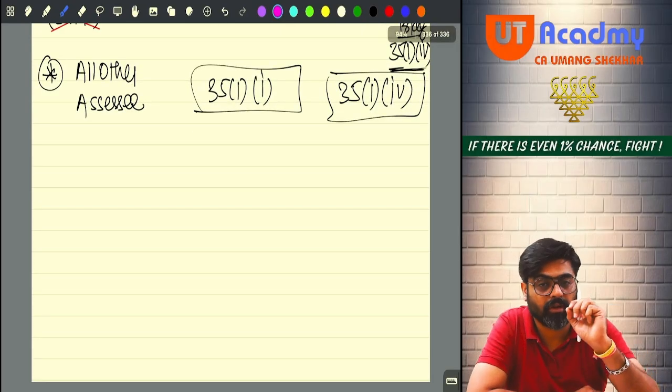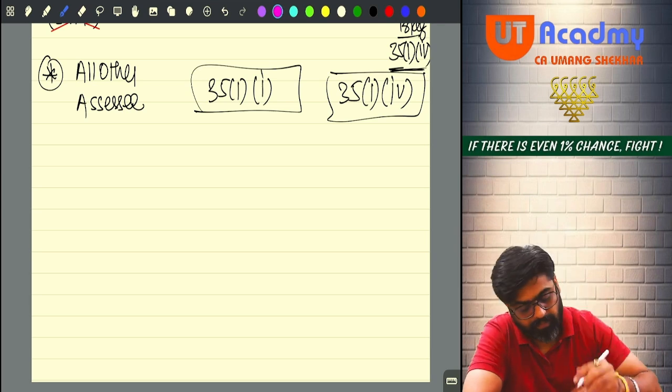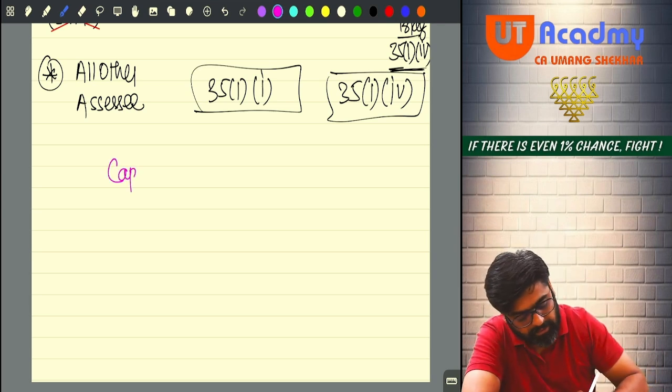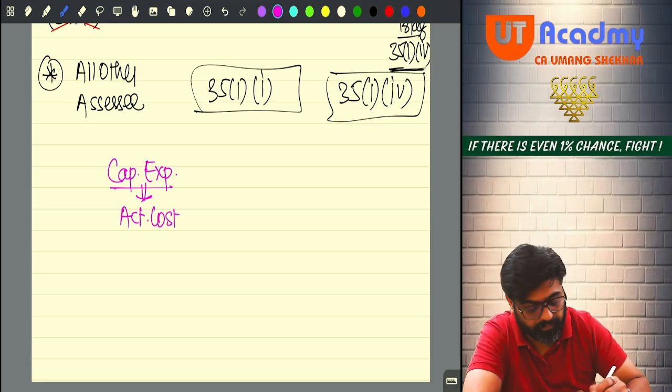So there are a few things which you are supposed to remember, which are very important. Any capital expenditure, meaning the actual cost of asset, yes or no?